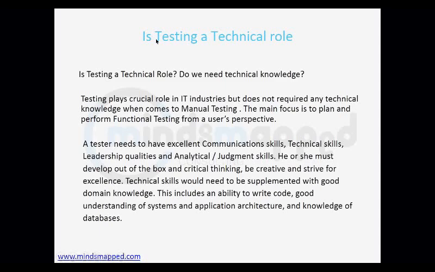Can you explain a little more in depth what you mean by finding a bug? You said that in automation you need the ability to write code and a good understanding of the system. So when you find a bug, do you fix it and write the code?